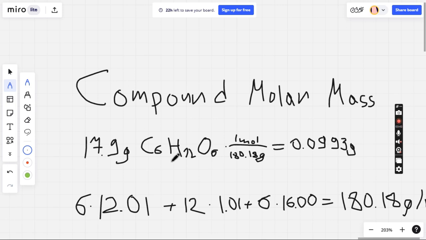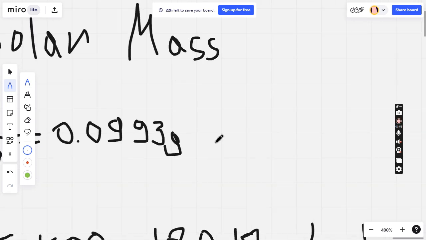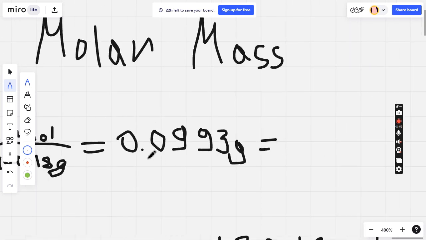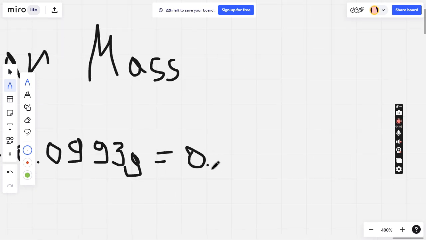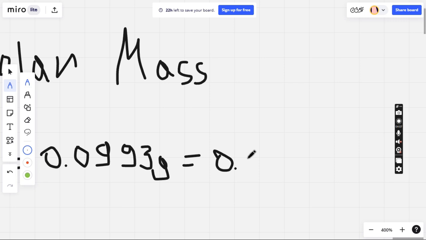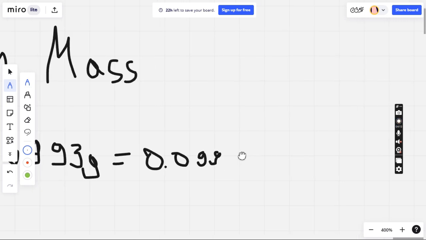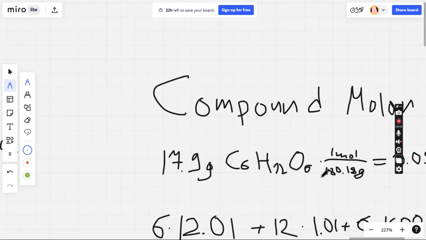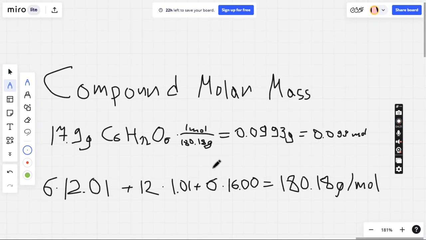Let's round that for significant figures. It'll be 3 significant figures because we have 1, 2, 3. So we have 0.099 moles of C6H12O6. And that is how you do these problems.